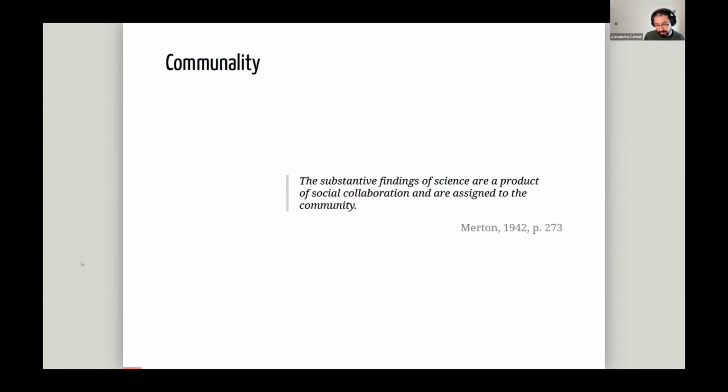The second one is communality, and the idea here is that a lot of the research we're doing is built on what other people have done, or research that is done collaboratively with other people. So we have to be aware that we're not working on our own, even if we think we invented something or came up with something very innovative.